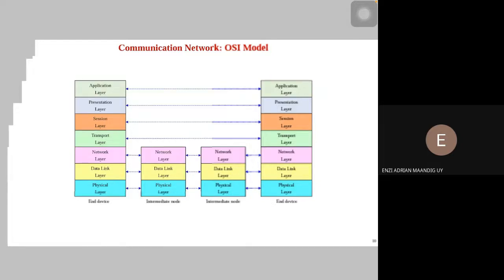AM, FM, or basically communication that doesn't involve computers doesn't apply here, okay? Because having computers adds more complexity to the whole system. That's why the International Standardization Organization or ISO has proposed this model. But to answer the question, what are the intermediate nodes, not necessarily satellites.